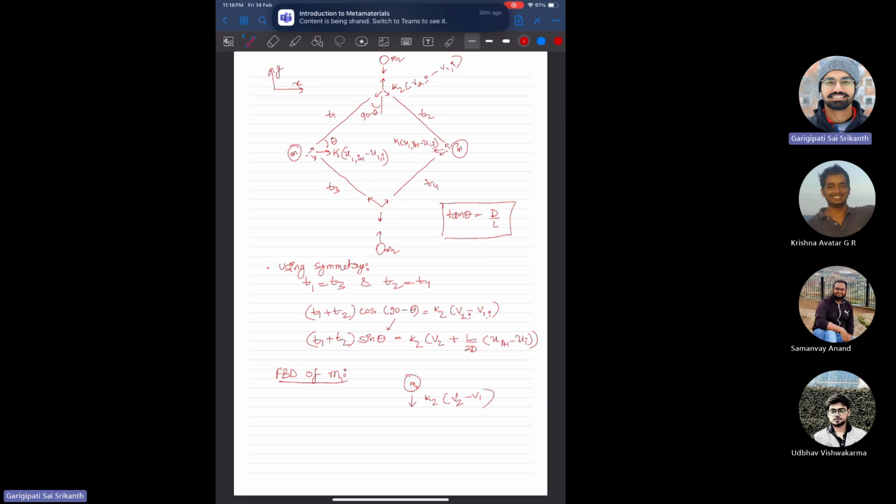V2 minus V1. However, as we have already seen, minus V1 can be written as, in that case if we write, then what else can we write?